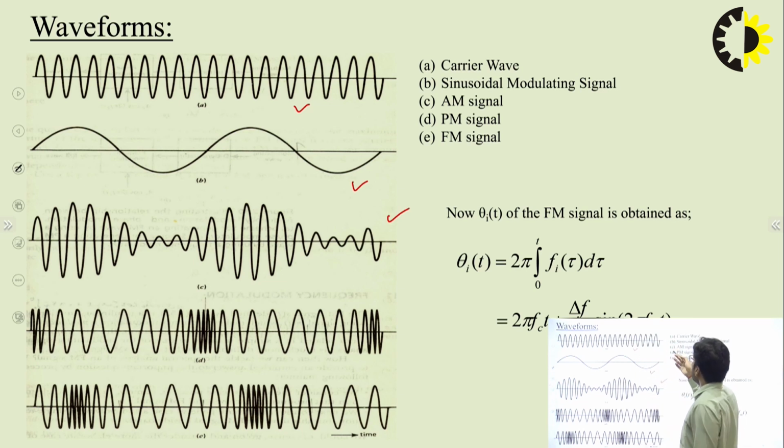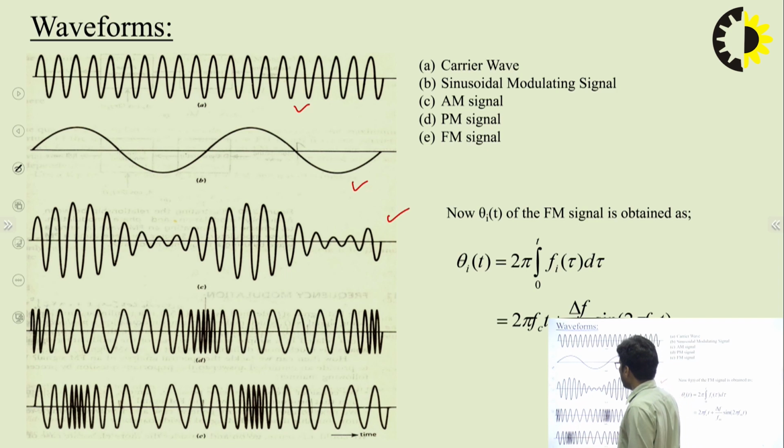Now, if we talk about the frequency in the last two signals, we have the frequency variation, but the thing is that the frequency variation is high at the maximum value of the modulating signal.